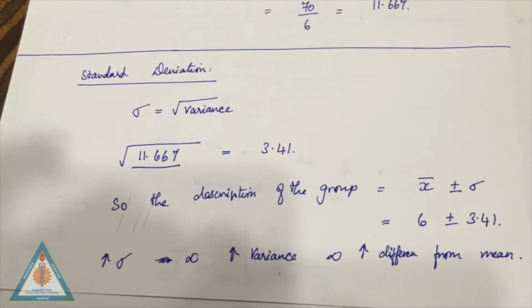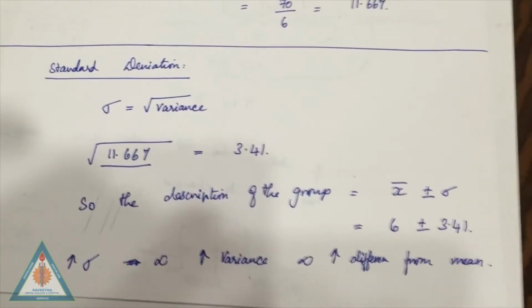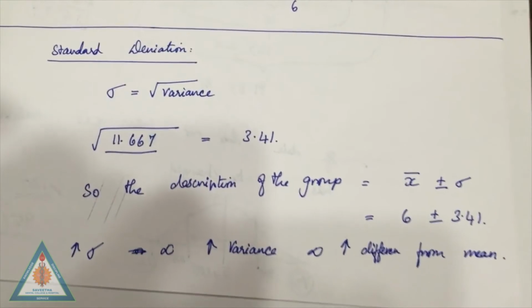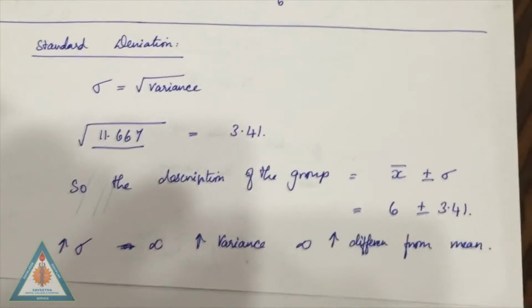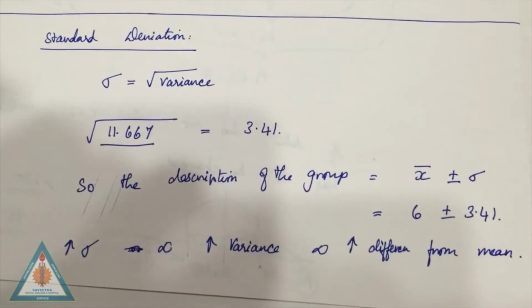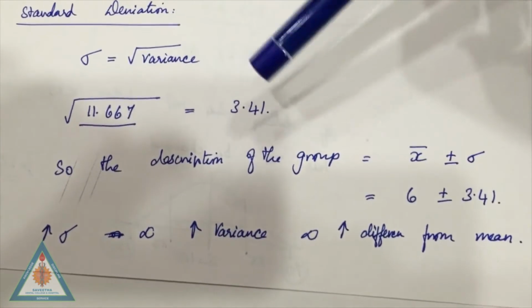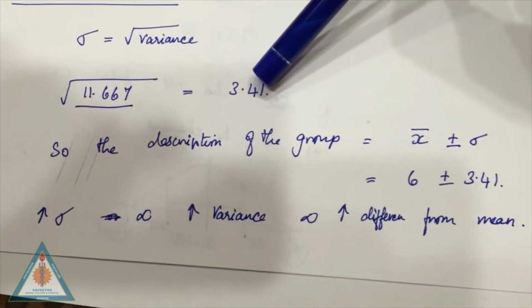Standard deviation is the square root of variance. We know that the variance was calculated based on the square of the variations we observed. So to bring back to the original values, we take a square root, and that is our standard deviation. So in this case, the standard deviation is the square root of 11.667, and that is 3.41.